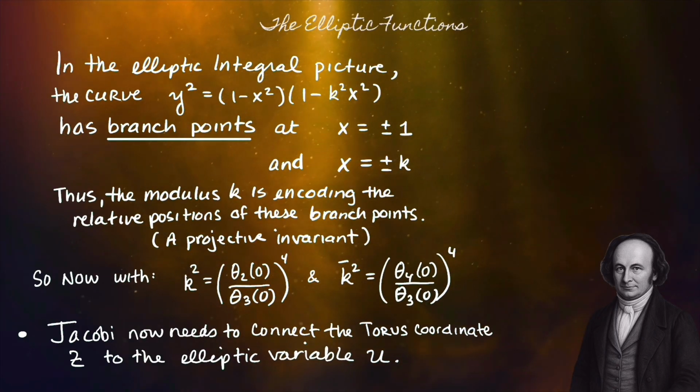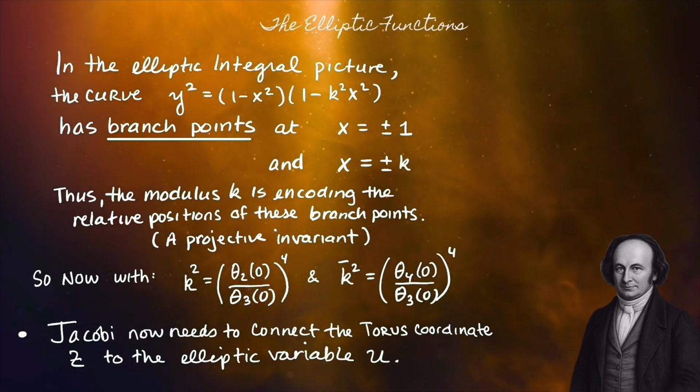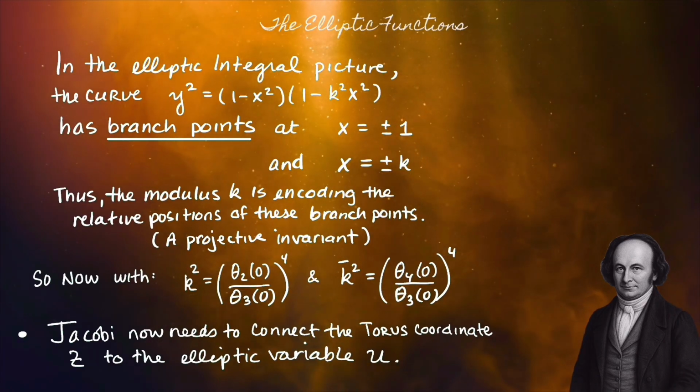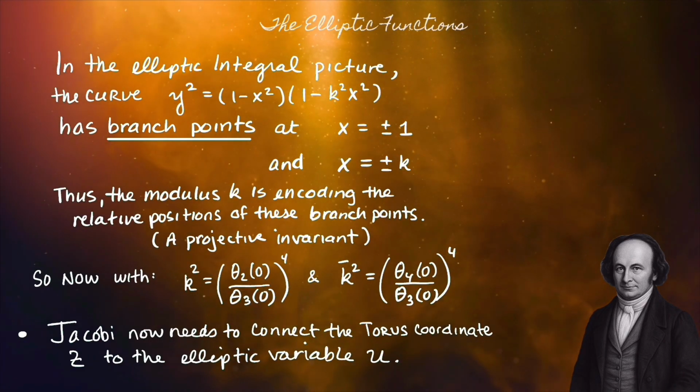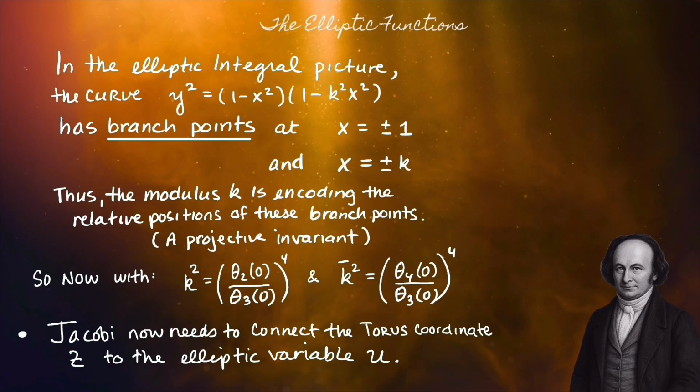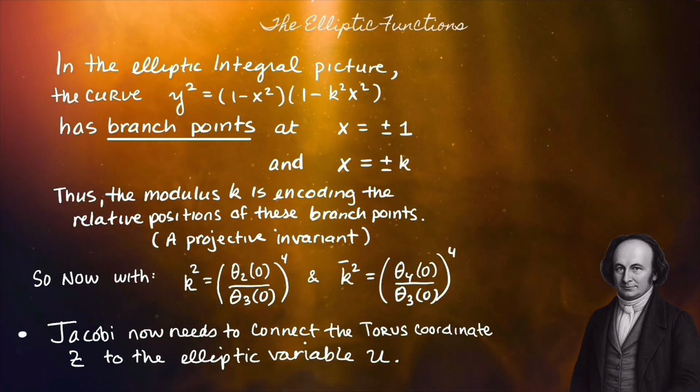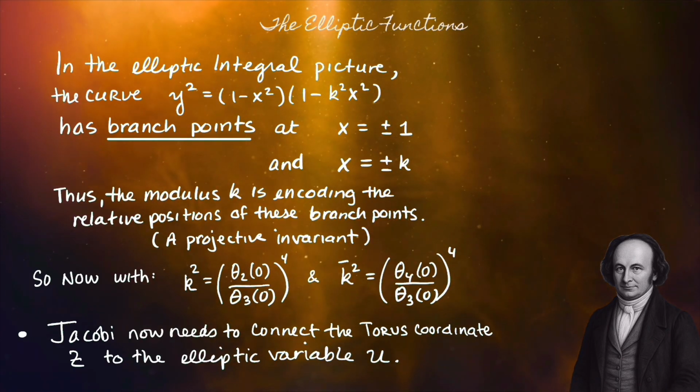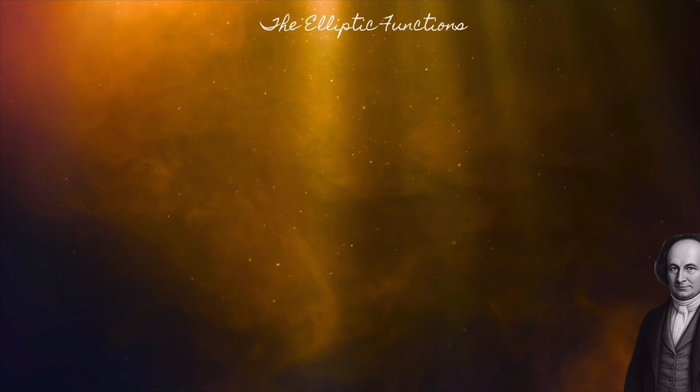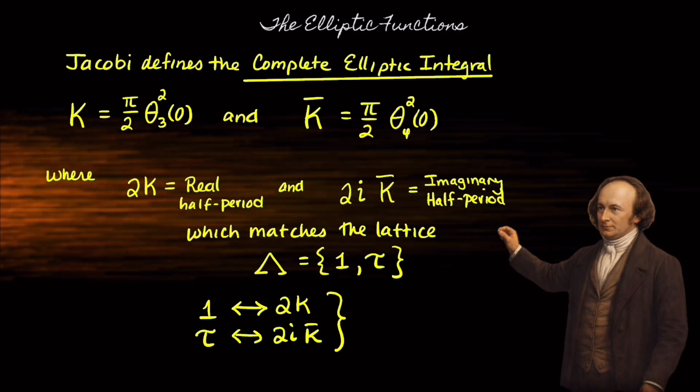Thus, the modulus k is encoding the relative position of these branch points. And now, with our definition of these moduli and the complementary moduli, Jacobi now needs to connect the torus coordinate z to the elliptical variable u.